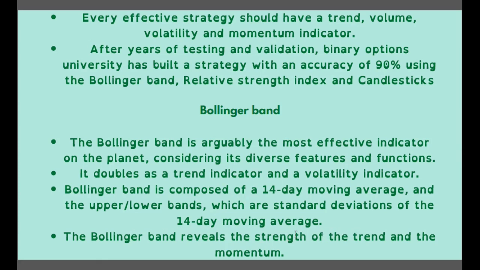The Bollinger Band reveals the strength of the trend and the momentum. So when you notice that the price of an asset is closing outside the Bollinger Band, you can deduce that the asset is trending and the trend is strong, either in an uptrend or a downtrend.